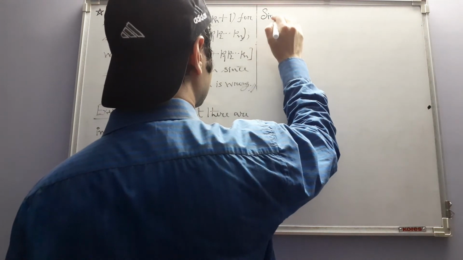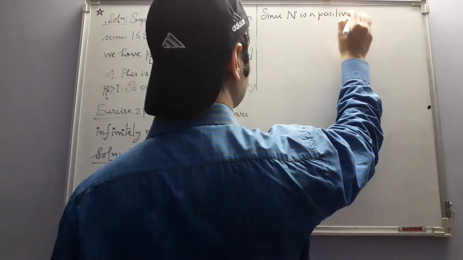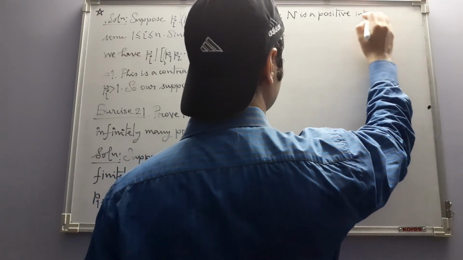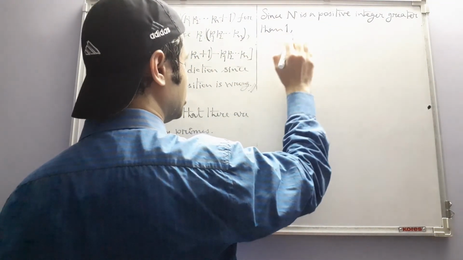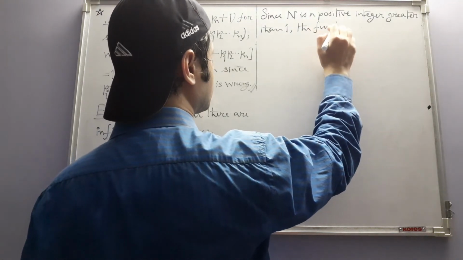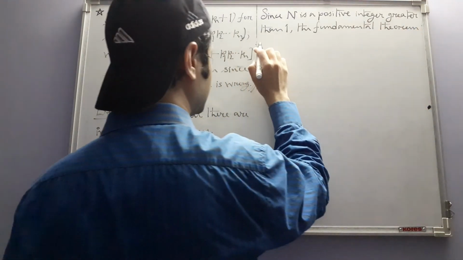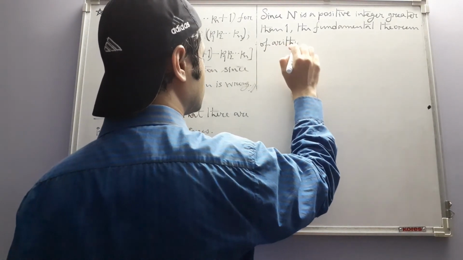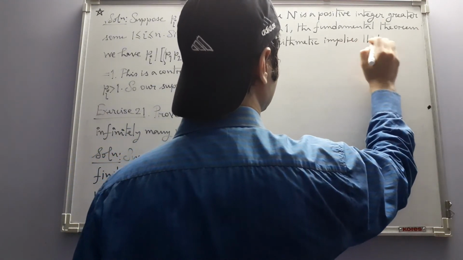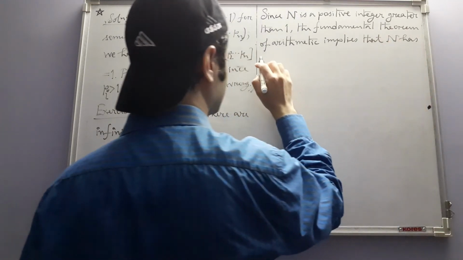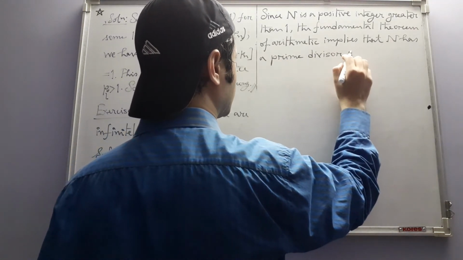since n is a positive integer greater than 1, the fundamental theorem of arithmetic implies that n has a prime divisor q.